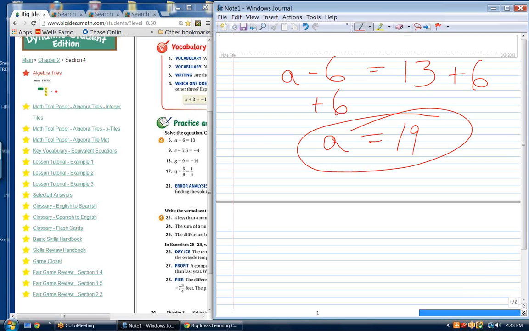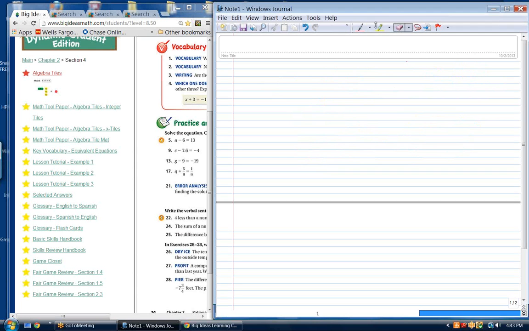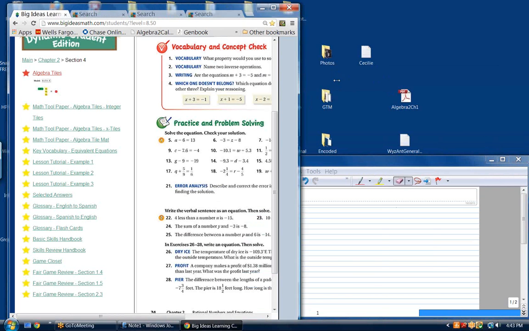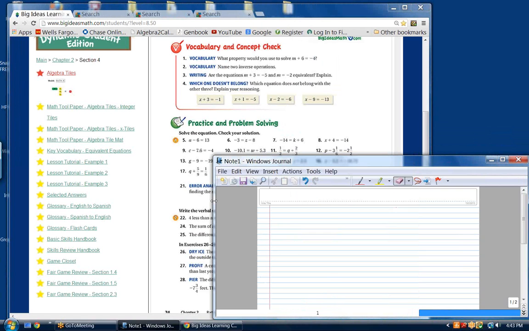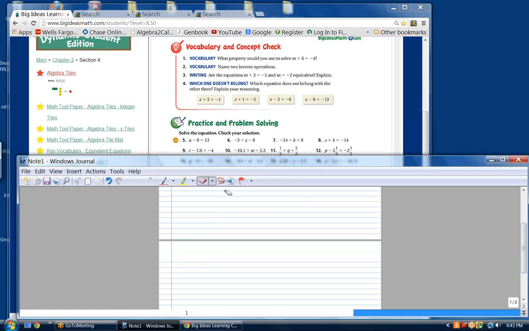So that's essentially the way we're going to solve all of these, is we're going to isolate the variable. Okay. Whoops. Let me open it up that way, since we're going left to right. Okay.